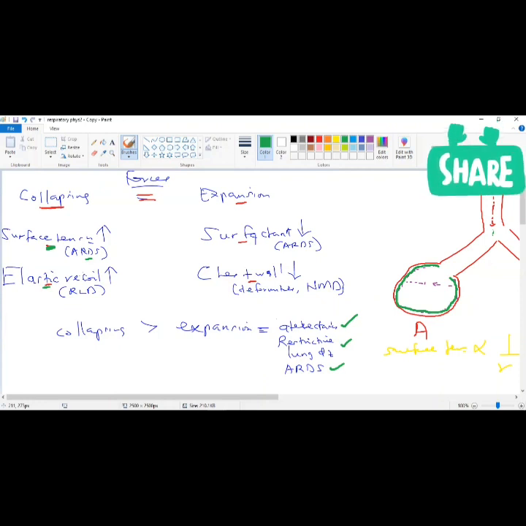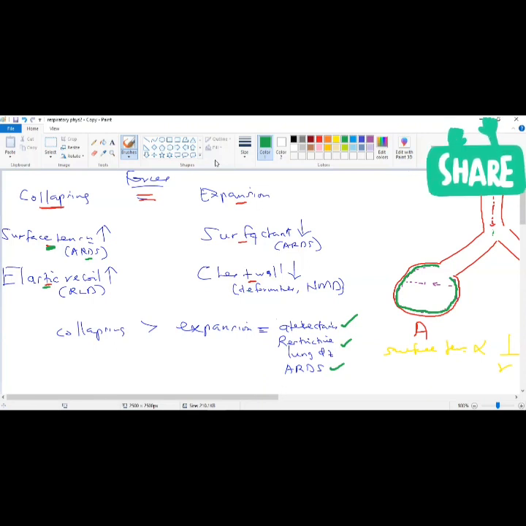Yes, decreased compliance, you're going to see that as well. Primarily it's a surface tension and surfactant issue for them, but combined with low compliance. What's the opposite of elasticity? Compliance. So less compliance, increased elastic recoil. Yes, you can see that.